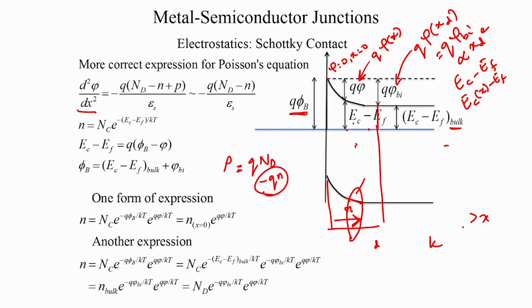So, we are going to perform the study in a region of the depletion region, but closer to the bulk as compared to the interface. So, we need a more accurate Poisson's equation, and although we could retain p, we say that p is negligible.